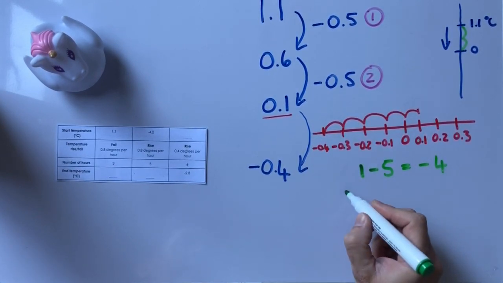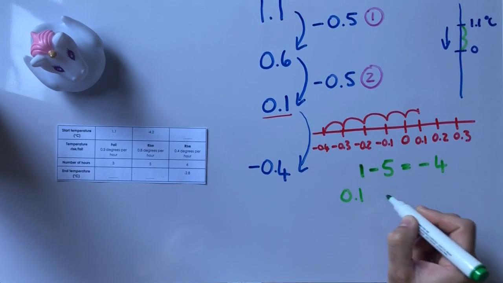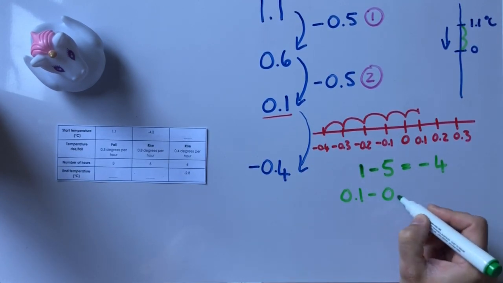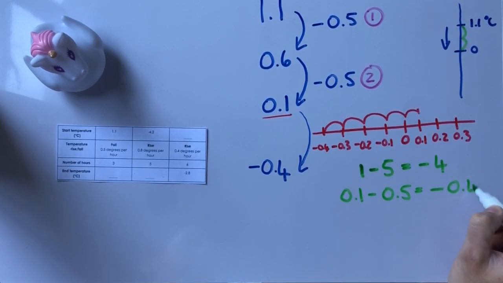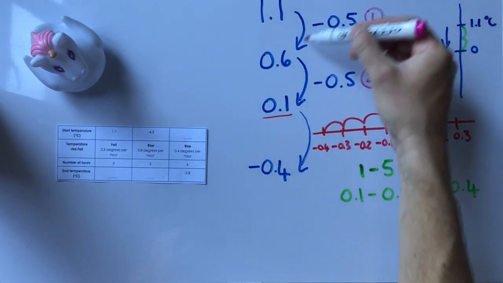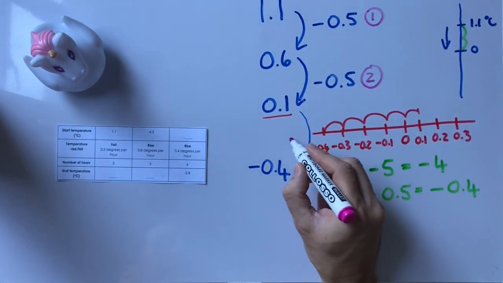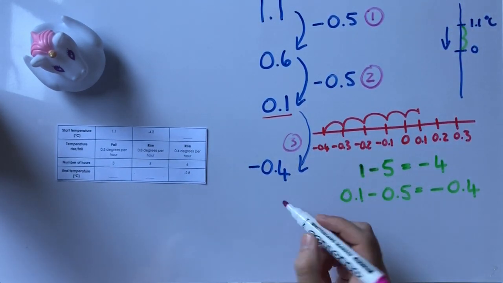So in the same way, if I have 0.1 and I take away 0.5, I would have negative 0.4. Okay, so this was the first jump, the second jump, and this is the third jump. Sorry, I ran out of space.